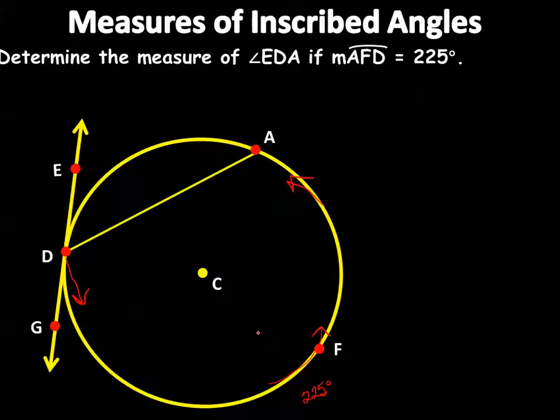Well, I know the whole circle is 360 degrees. So if I say 360 minus 225, I'm going to get 135 degrees. So I know that this arc right here is 135 degrees.